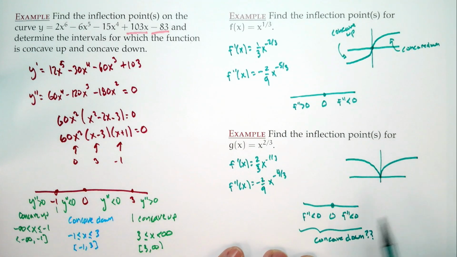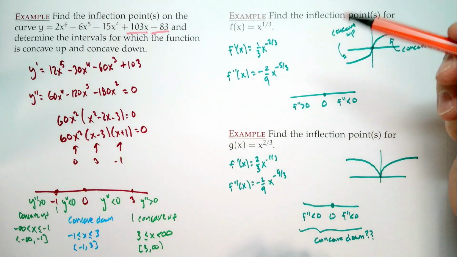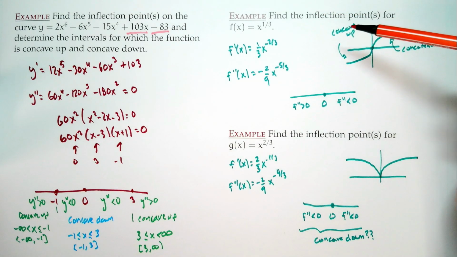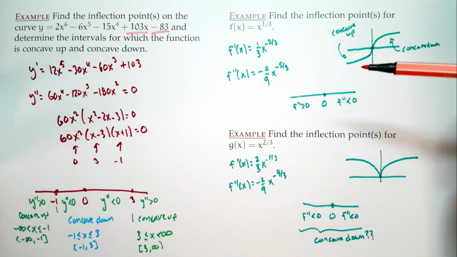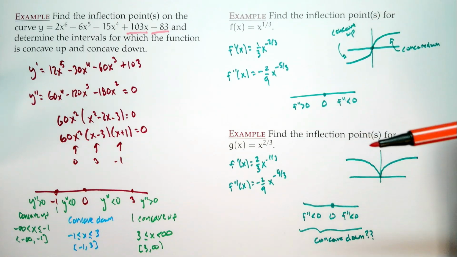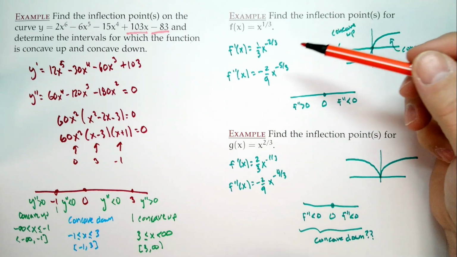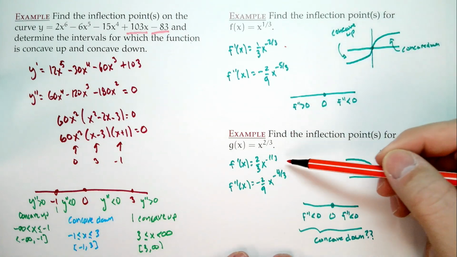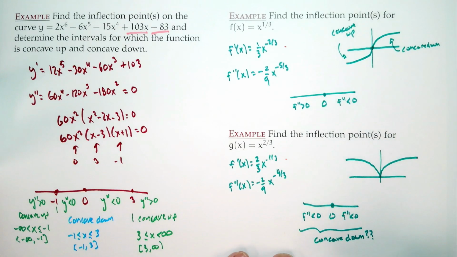I can't be going from a negative slope to a positive slope and be decreasing. So something is wrong. So, okay, what's the common theme that's wrong here in both these problems? Well, there's an issue about how you treat 0. And what it boils down to is that 0 can't be part of your answer. Because when we're talking about the inflection points, we're talking about the second derivative, which means I need to say what's happening with the first derivative, and the first derivative at 0 is undefined in both cases.